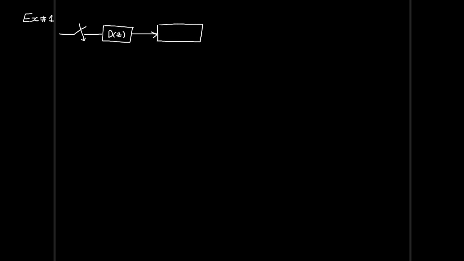The transfer function of the zero order hold is (1 minus exponential of minus TS) over S. And after that, we have a plant. The transfer function for the plant is 1 over S plus 1. Let's assume the output here to be C of S, and the input, let's call it E of S.